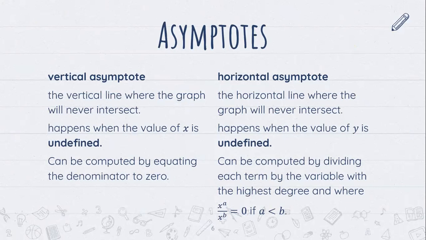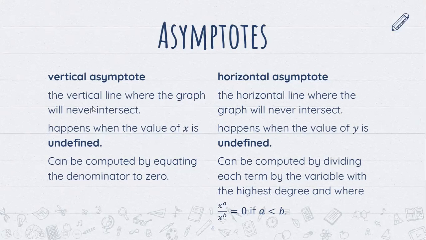Siguro sa pre-calculus na siya, sa advanced algebra or analytical geometry. Pero I'm not sure if you're going to discuss that kasi high math na siya. So we will just go through the vertical and the horizontal asymptote. Anyway, ito lang naman yung nasa curriculum guide natin.